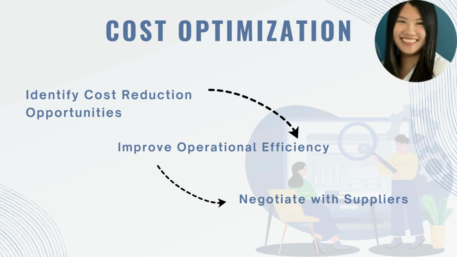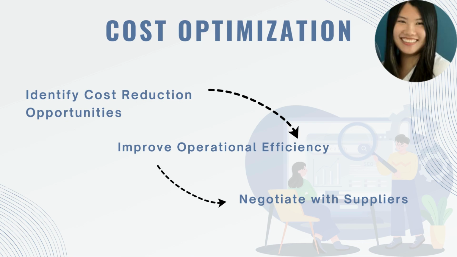The dashed arrows illustrate that cost optimization is not a one-time event, but a continuous cycle. Successfully negotiating with suppliers or improving operational efficiencies can reveal new areas where costs can be further reduced, leading back to the identify cost reduction opportunities step. This ongoing process ensures that the business is constantly striving for greater efficiencies and lower expenses.